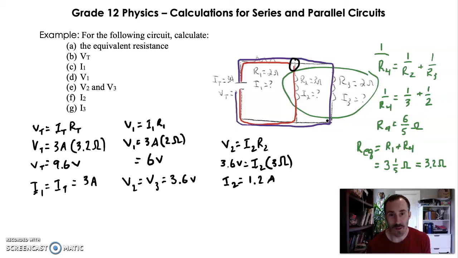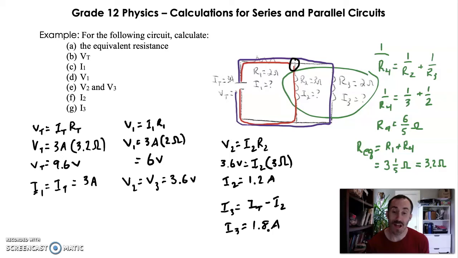So if we have 3 amps altogether, and this is 1.2, then this must be 1.8 amps. I3 is equal to I total minus I2. And so I3 turns out is 1.8 amps.